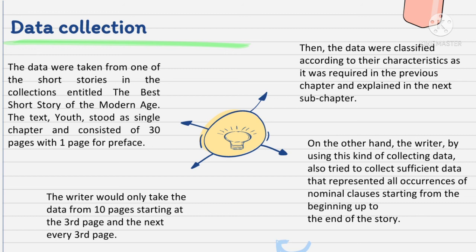Then the data were classified according to their characteristics as required in the previous chapter and explained in the next subchapter. The last, the writer, by using this kind of data collection, also tried to collect supposition data that represented all occurrences of nominal clauses from the beginning up to the end of the story.